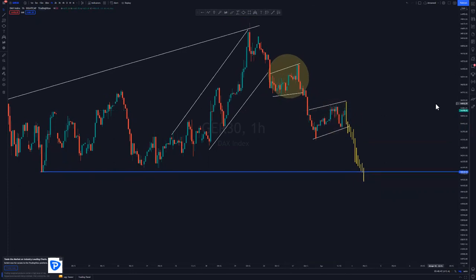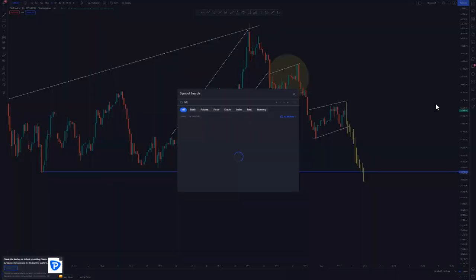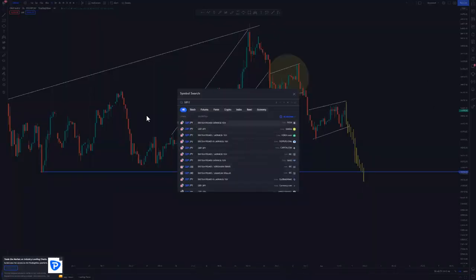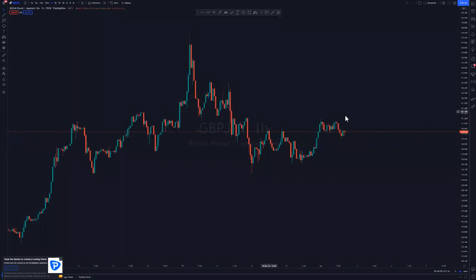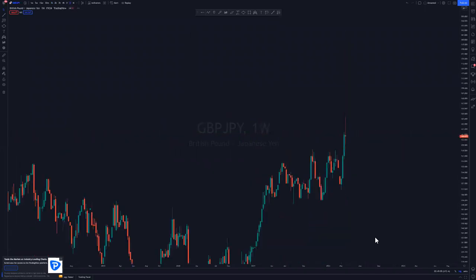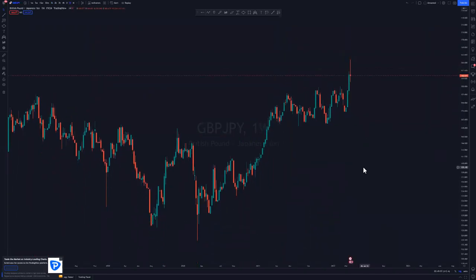So okay, I had someone say we should analyze GBP JPY. It's been a while since I saw this pair. Okay, GBP JPY, let's go. It's a currency, right? So I'll start on the weekly.